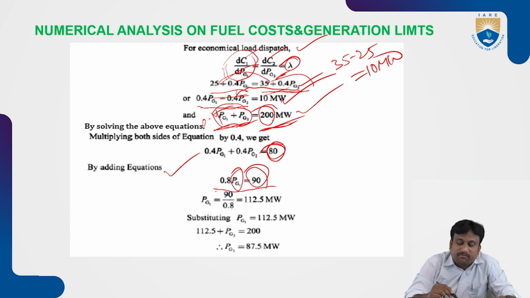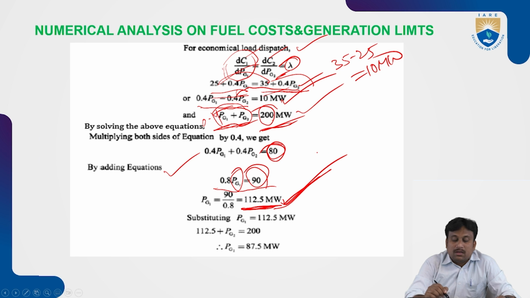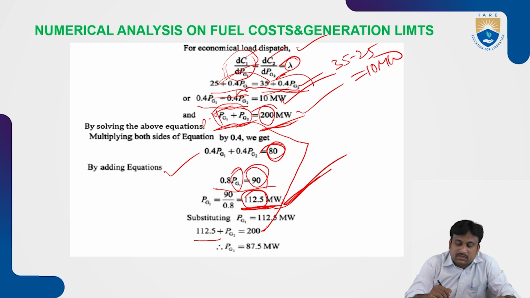This is in terms of PG1. So PG1 equals 90 by 0.8, that is 112.5 megawatts. This is the value of PG1. Having obtained PG1 as 112.5 megawatts, substitute it in the equation: 112.5 plus PG2 equals 200.